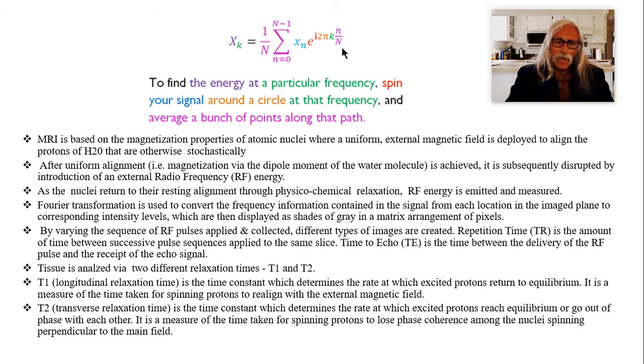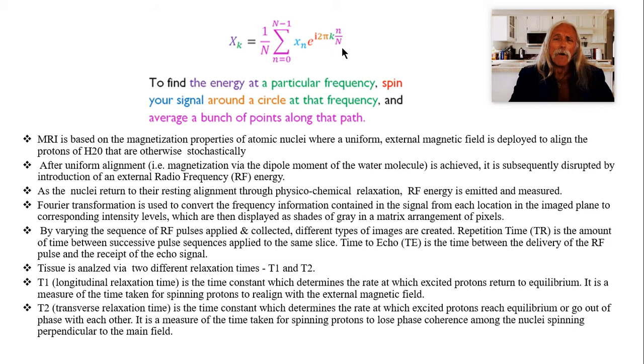After a uniform alignment, which is known as magnetization via the dipole moment of the water molecule, now it's been centered and fixed by the MRI signaling of the magnet. Once that's achieved, it is subsequently disrupted by the introduction of an external radio frequency, or an RF. As the nuclei return to their resting alignment, through physical chemical relaxation, RF energy is emitted and measured.